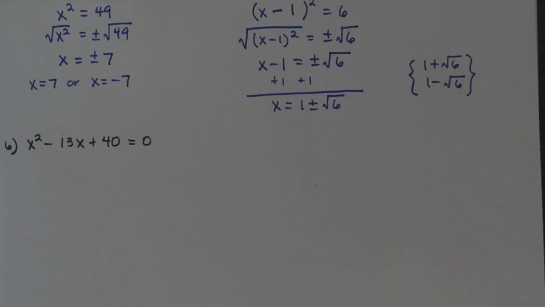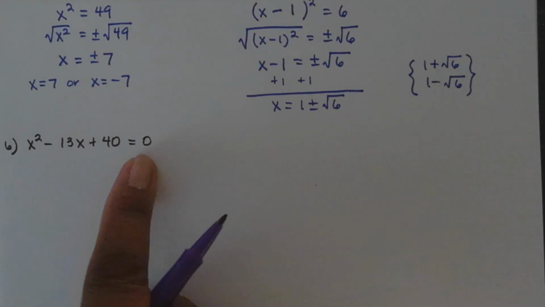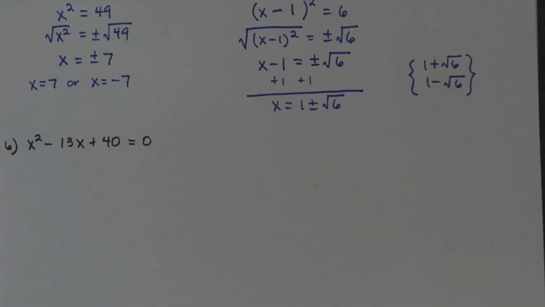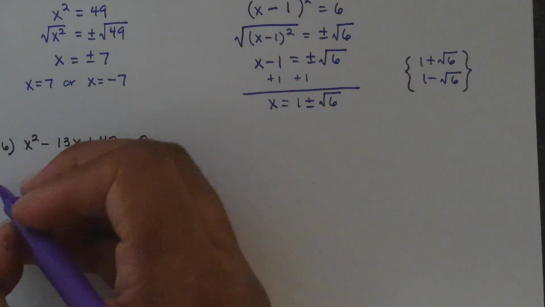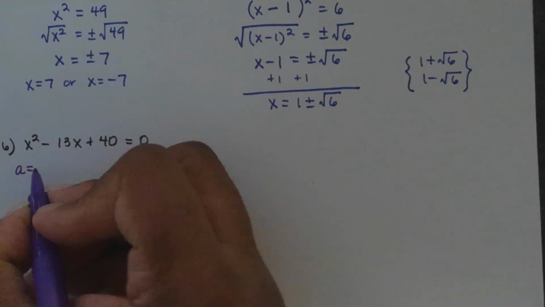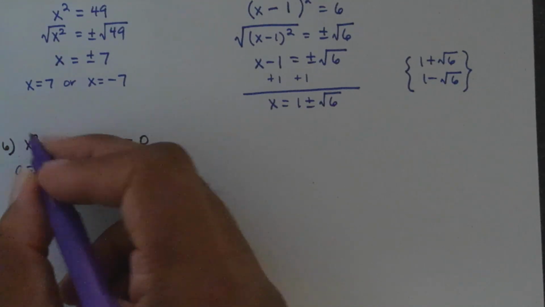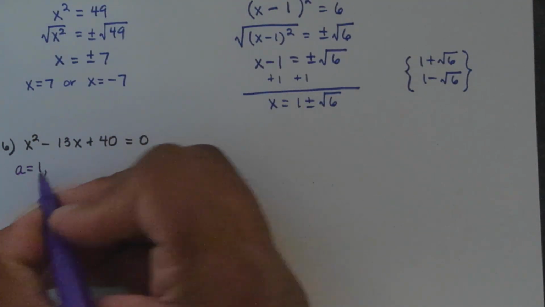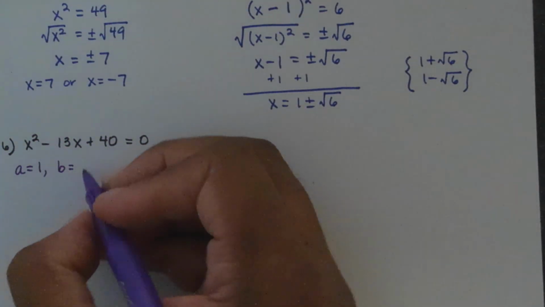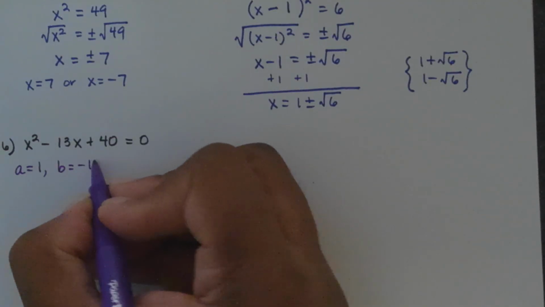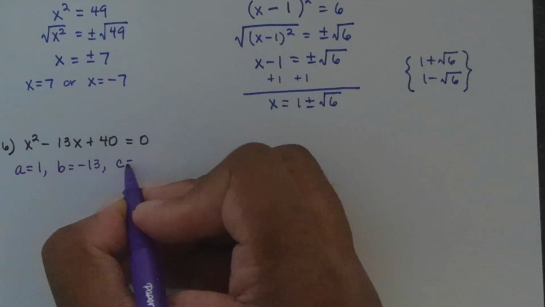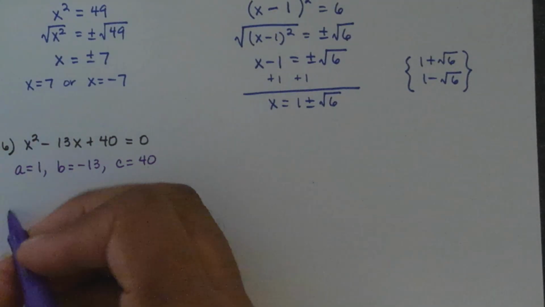So that means I need to go ahead and identify A, B, and C. Since this equation has a 0 on one side, that tells me it is in general form. The A is the coefficient of your x squared term, which is 1. The B is the coefficient of x, which is negative 13. The constant term is 40.